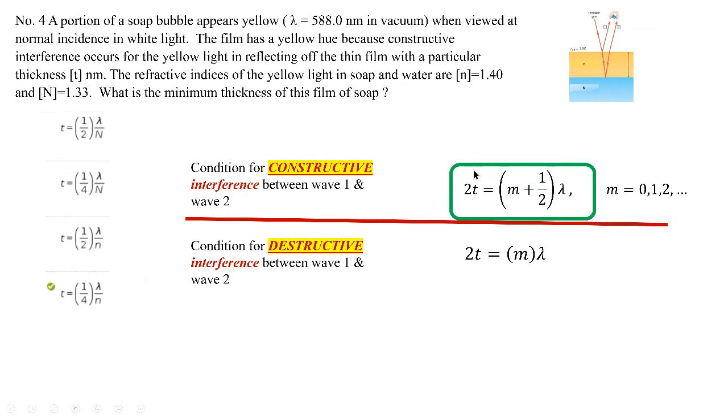Okay. And now the other warning. If I had been, let's say, a kinder, more compassionate exam giver, how come I use little n for this guy and capital N for that guy? You see, little n is bigger, right? Little n is 1.40, capital N is 1.33.